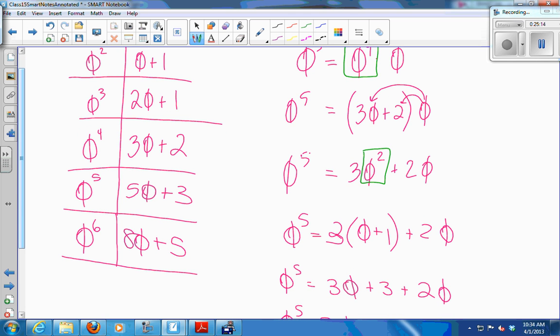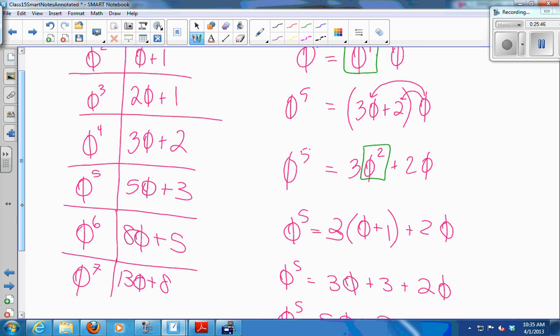Could anybody try to predict phi to the 7th without actually doing it out? 13 phi plus 8. Can you explain how you came up with that? Okay, great. So there are several patterns.